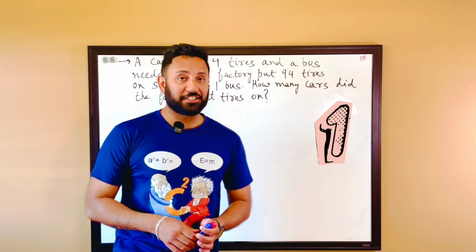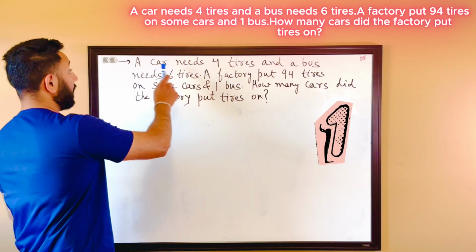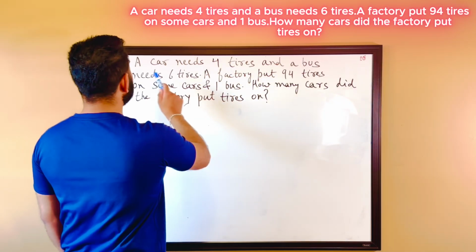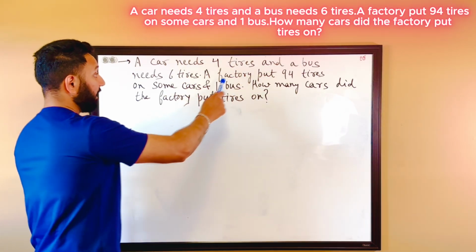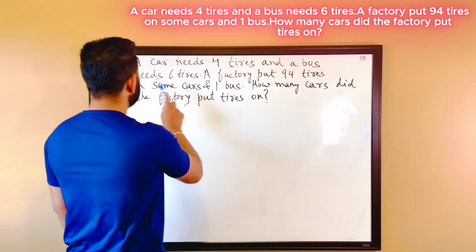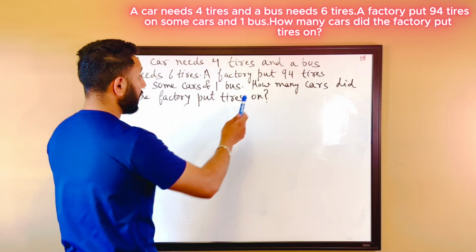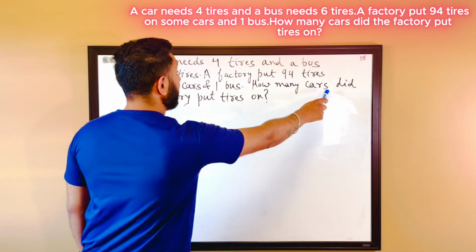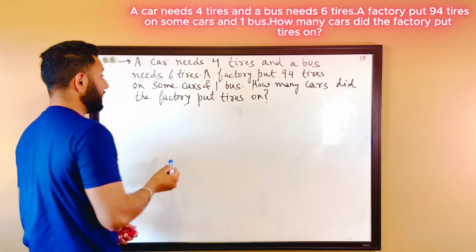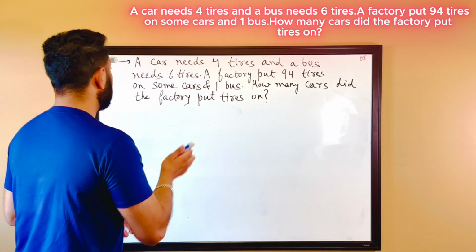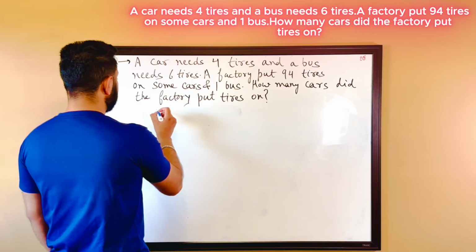Let's jump to our first example. A car needs 4 tires and a bus needs 6 tires. A factory put 94 tires on some cars and 1 bus. What we need to find out is how many cars the factory put tires on. So let's emphasize what is given to us.